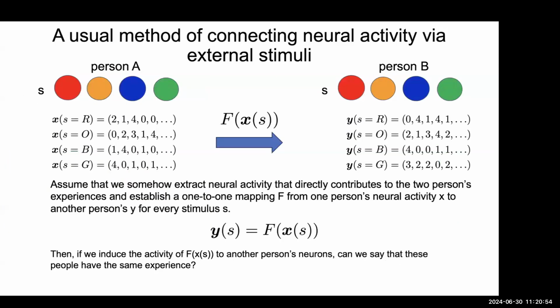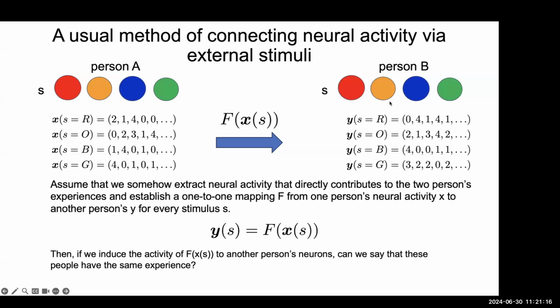This is actually not structure mapping, but the usual method of connecting neural activity via external stimuli. The usual method is that we just record the neural activity given by some bunch of external stimuli, like red, orange, blue, whatever.